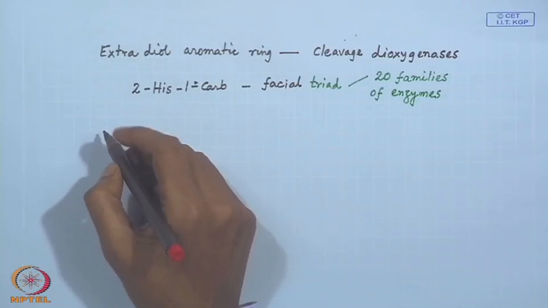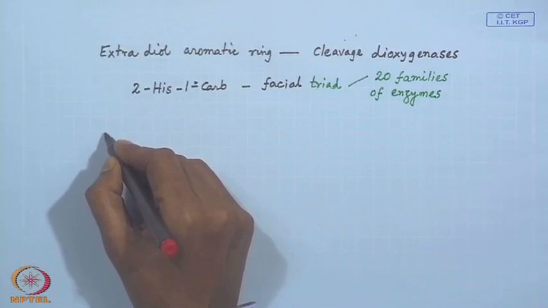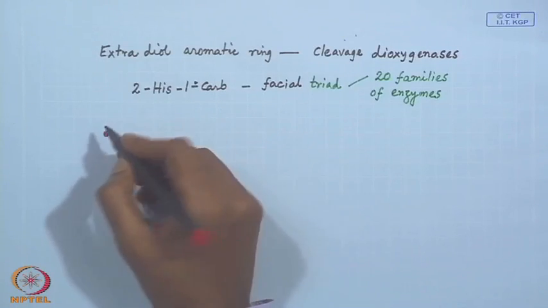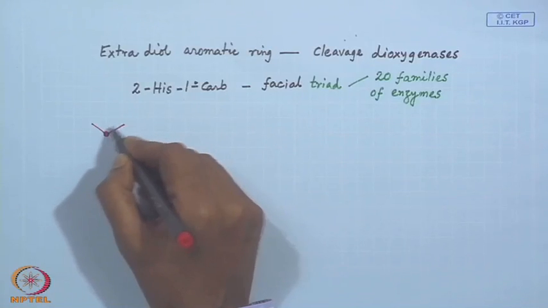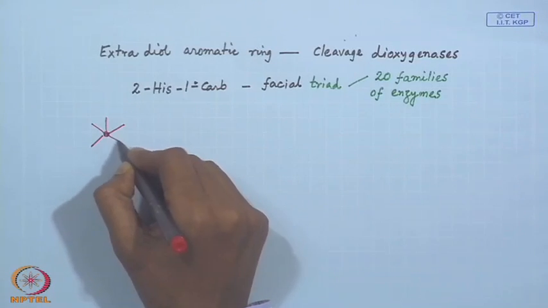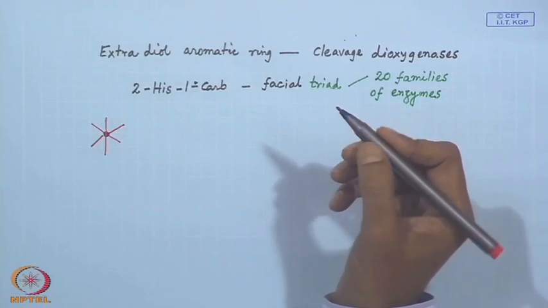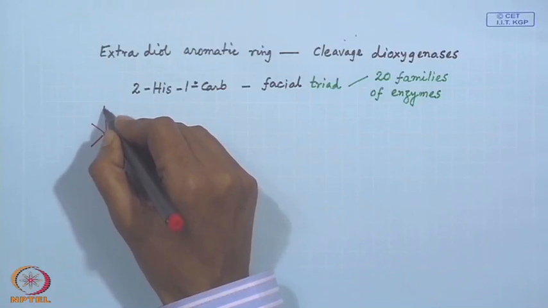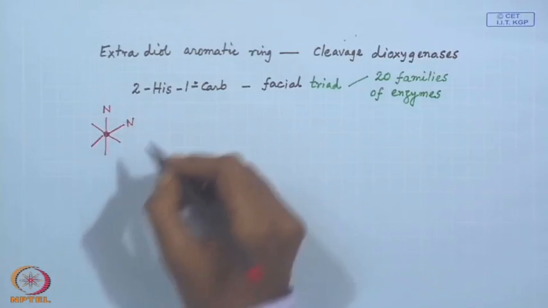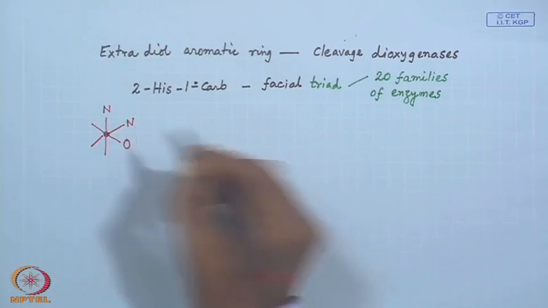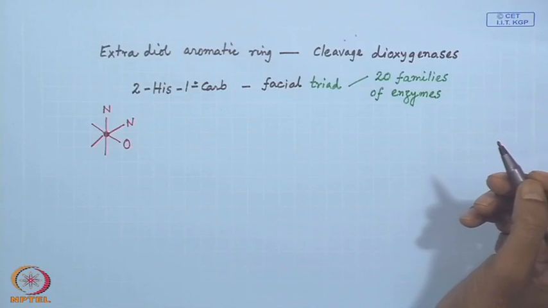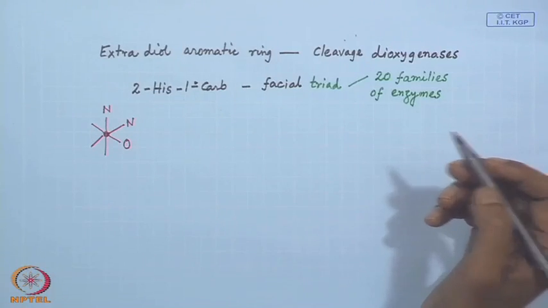Simply, we have seen that if we have that iron, immediately we can have the octahedral site. 2 of them will be occupied by nitrogen and 1 by oxygen in the facial orientation.